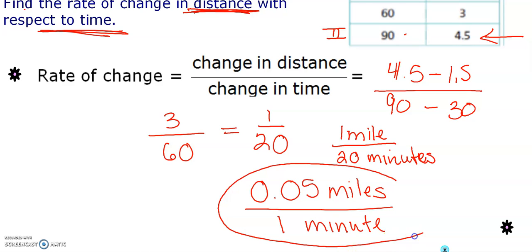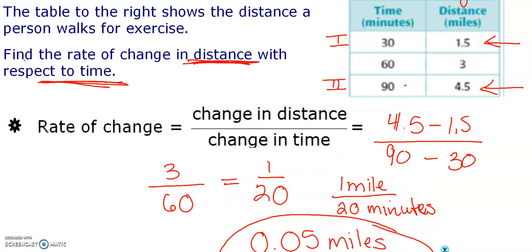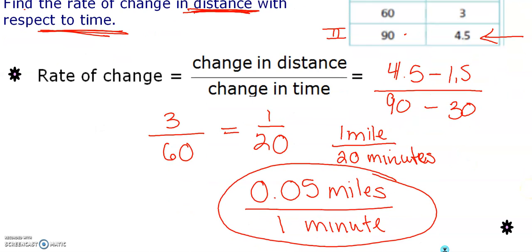And that's the rate we're looking for. Think of it almost as a unit rate in terms of 1 minute rather than 20 minutes. You can go 1 mile in 20 minutes, but how far can you go in just 1 minute? That's what we're looking for. We can go 0.05 miles in a minute.